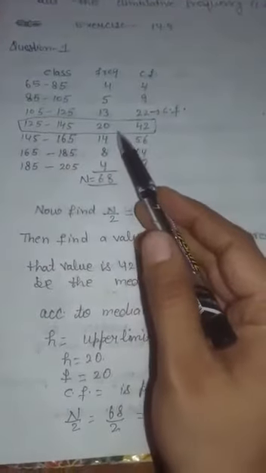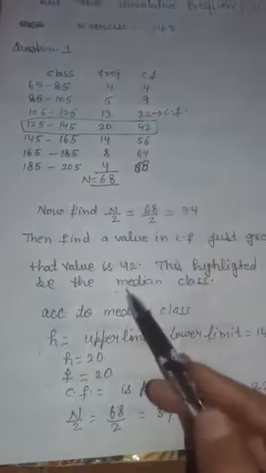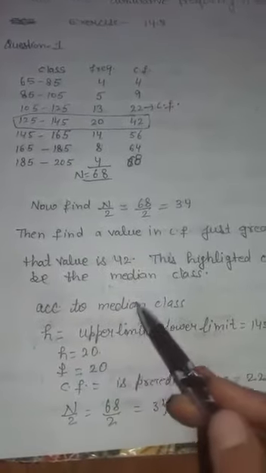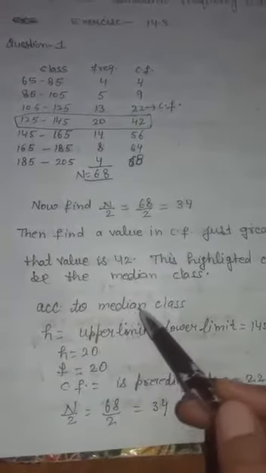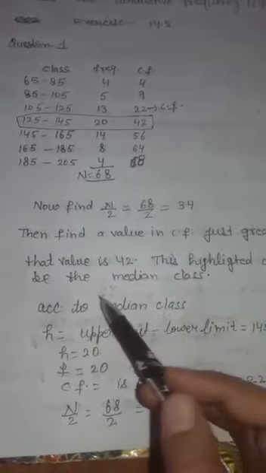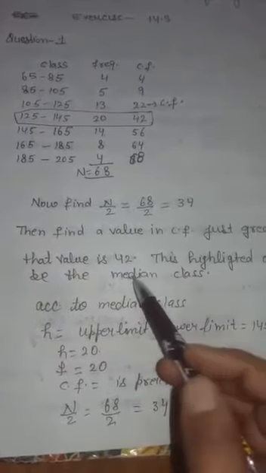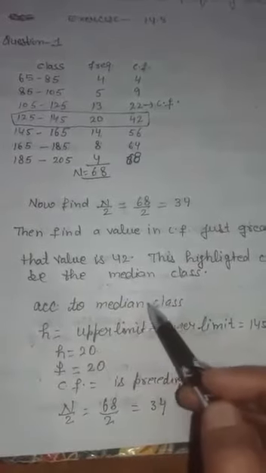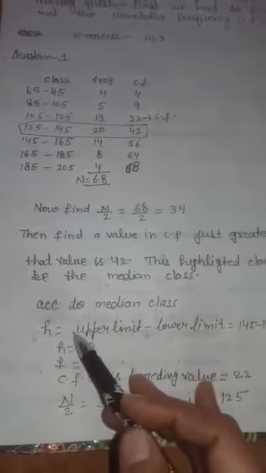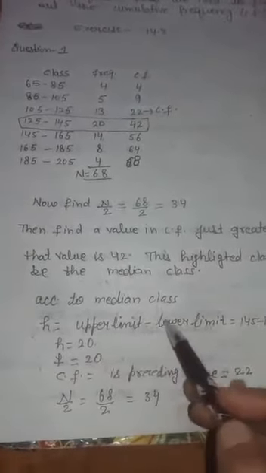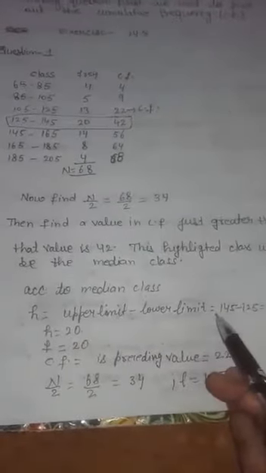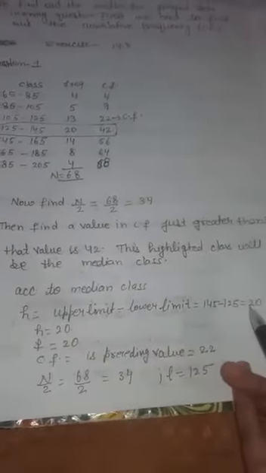Now after highlighting this median class, we want to find all these terms, because we know our formula: L plus N by 2 minus CF divided by F into H, and for this formula we need all the values. What is H? H is equal to upper limit minus lower limit, which is 145 minus 125, equal to 20.